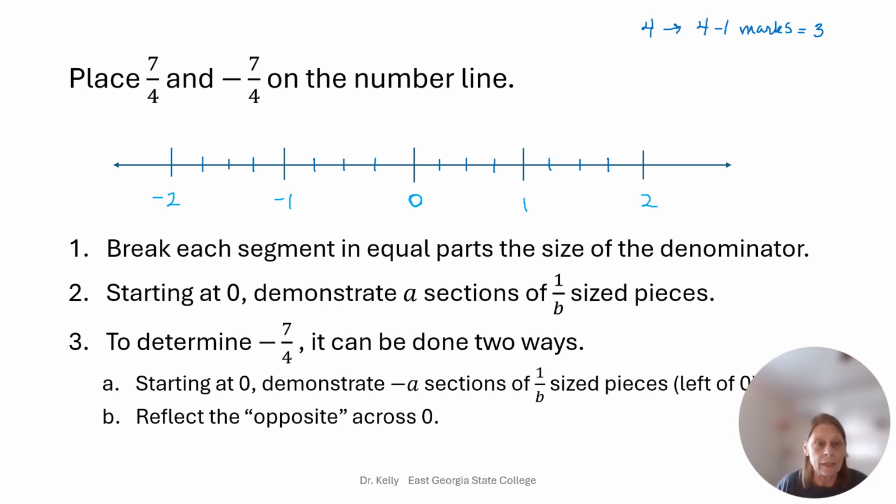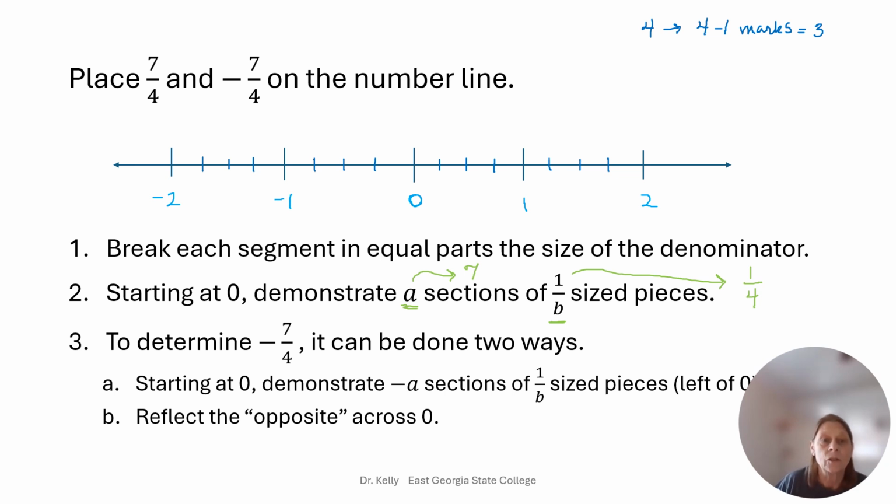Now it says, starting at 0, demonstrate A sections of the 1 over B size pieces. Right now, 1 over B is 1/4 size pieces, and the A in this problem is 7.